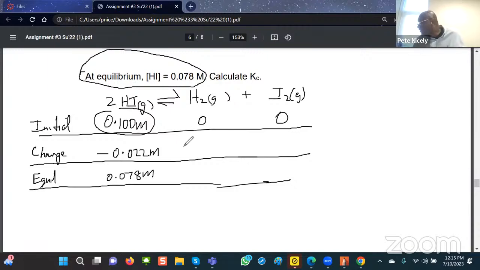So right here, I'm going to put half of 0.022, which would be 0.011, and that will be positive.